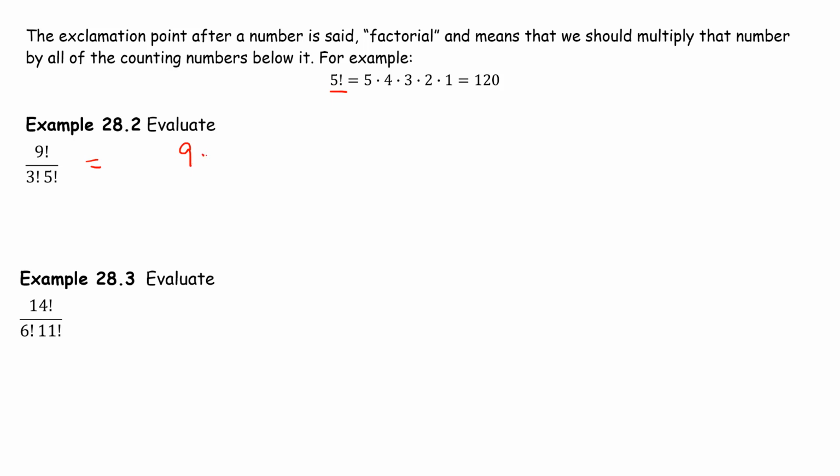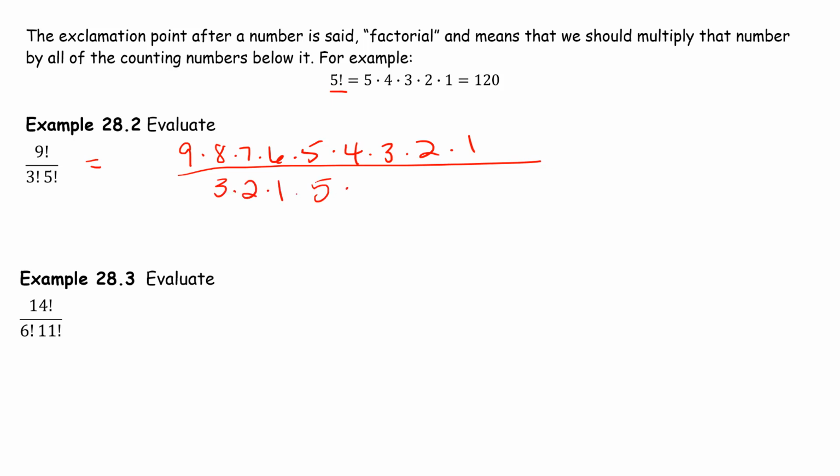All right, so this is 9 times 8 times 7 times 6 times 5 times 4 times 3 times 2 times 1 over 3 times 2 times 1 times 5 times 4 times 3 times 2 times 1. You can see here that I've got a 5, 4, 3, 2, 1.